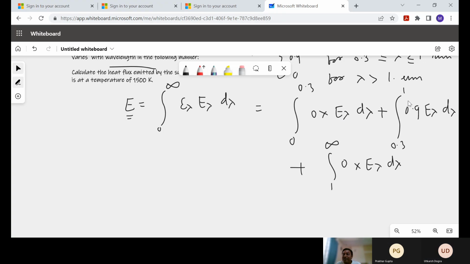Integration. You have to do that complicated integration which we have shown earlier, isn't it? So instead of doing that complicated integration, you can use an F factor. Remember, I said that whenever such complicated integration comes into the picture, you better use the F factor directly instead of solving a complicated integration. So we will use an F factor in this case.